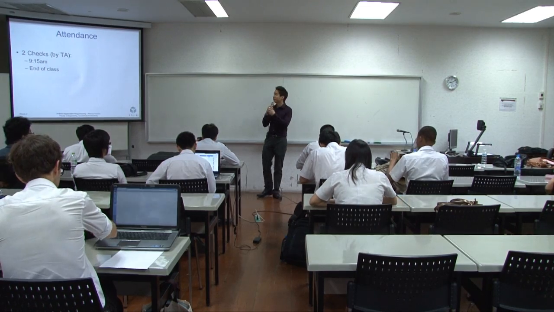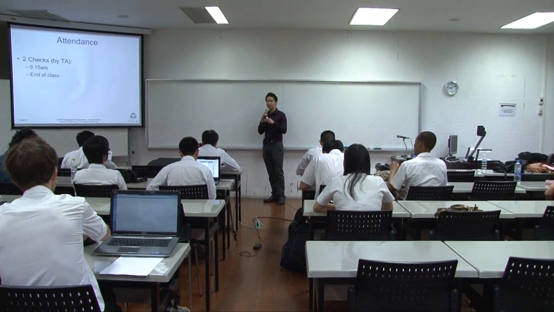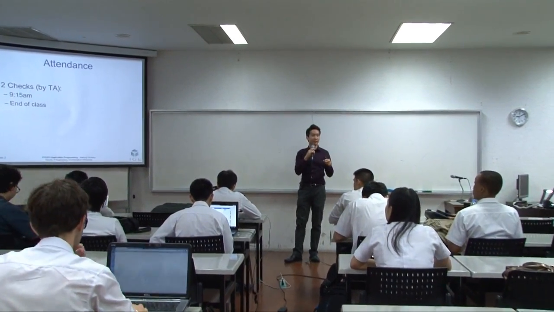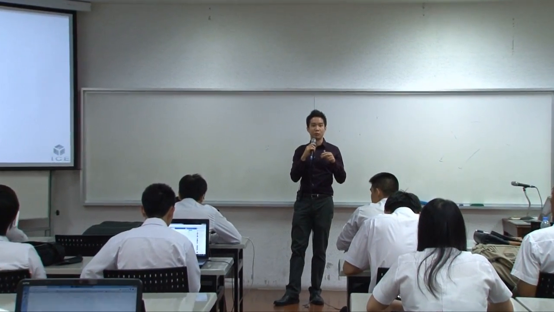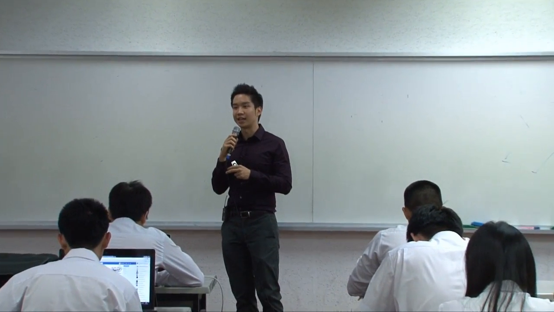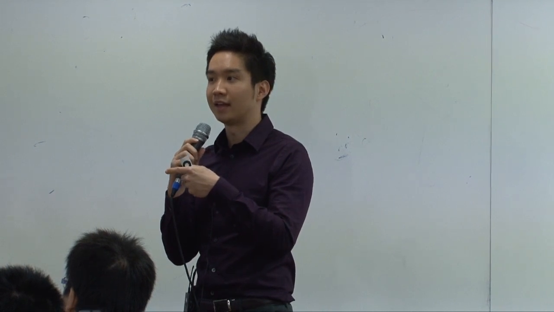But before we talk about the interface, I want to just briefly mention the rules for attendance in this class. I talked to Ajahn Ativong, and we feel like we could check for attendance by passing around a sheet of paper for you guys to sign at the 9:15 time mark, and then check it again at the end of the class.